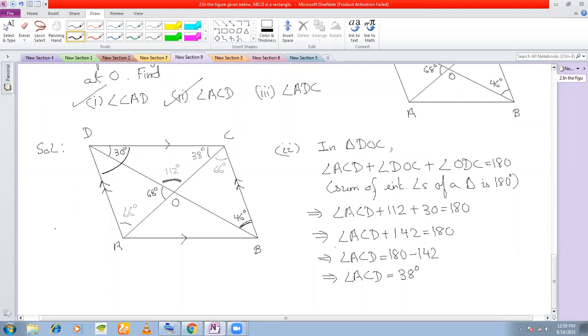Sir, triangle DOA, sir, 66 plus 68 plus x equals 180, sir. Yes. If you consider this triangle ADC, this triangle that you see here, you know two angles, you know 66 and you know 38. So you can find the third angle. Let's do it that way.